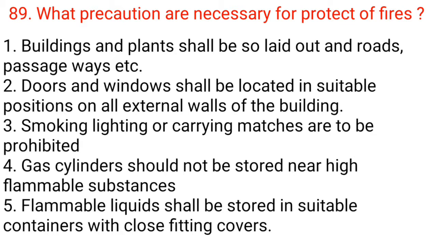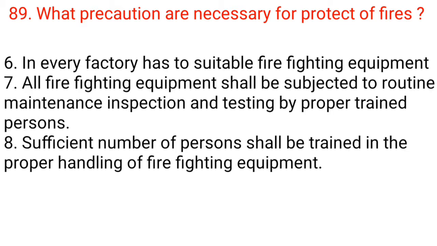Flammable liquids shall be stored in suitable containers with close-fitting covers. 6. Every factory has to have suitable firefighting equipment. 7. All firefighting equipment shall be subjected to routine maintenance, inspection and testing by properly trained persons. 8. A sufficient number of persons shall be trained in the proper handling of firefighting equipment.